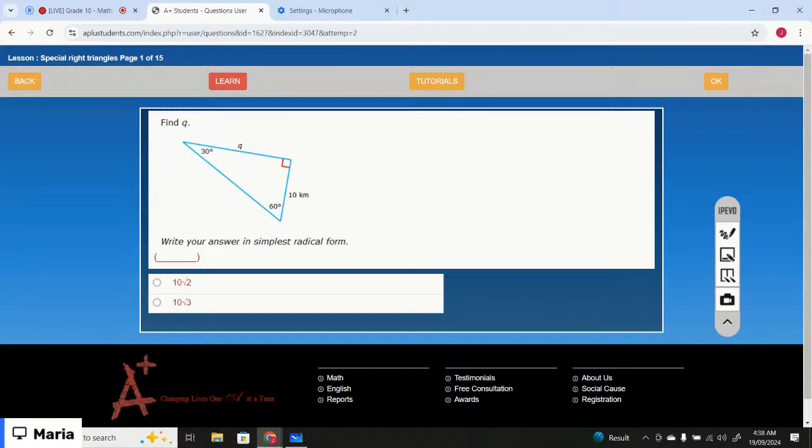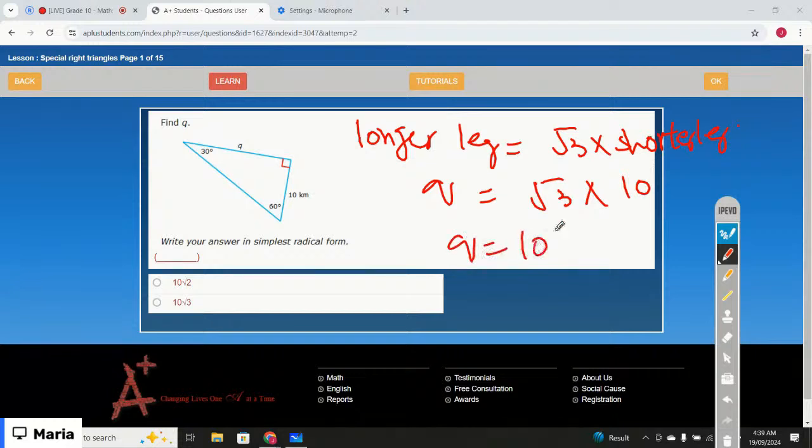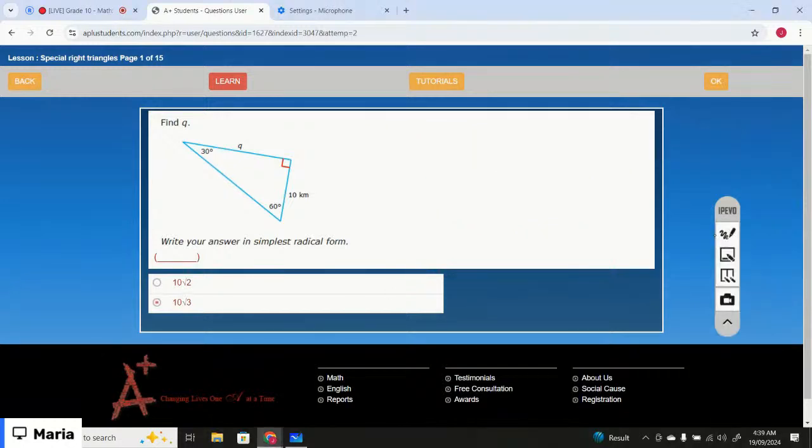You have to use the length of the shorter leg to find the length of the longer one, right? So you can use the longer leg equals square root 3 times the shorter leg, right? The longer leg is q. We need to find the longer leg, that is square root 3 times 10. So q equals 10 square root 3. So the correct option is option number 2, that is 10 square root 3. Got it?